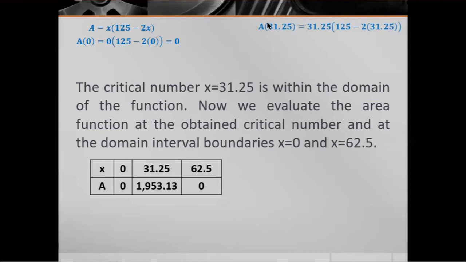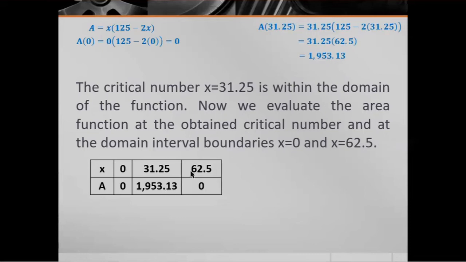Next, area or A of 31.25. We have 31.25 times 125 minus 2 times 31.25. And we have 31.25 times 62.5. And the result is 1,953.13.